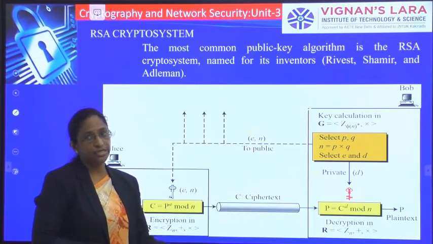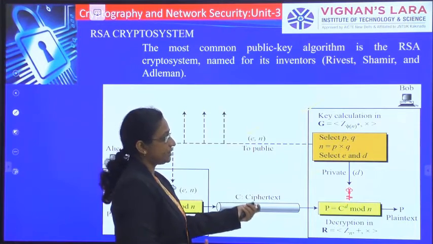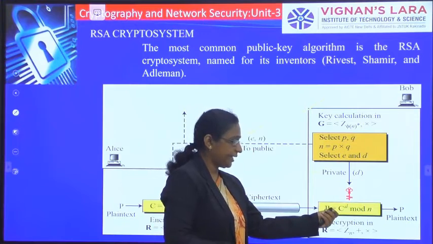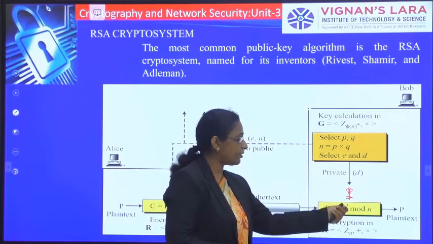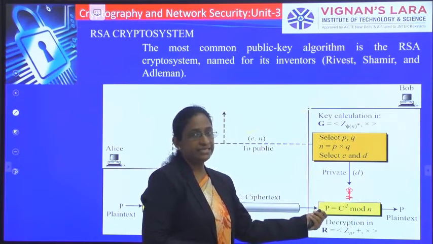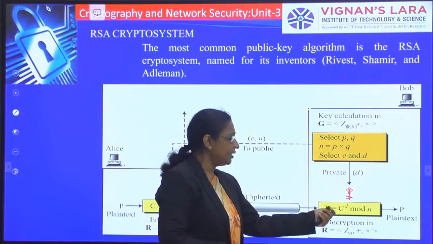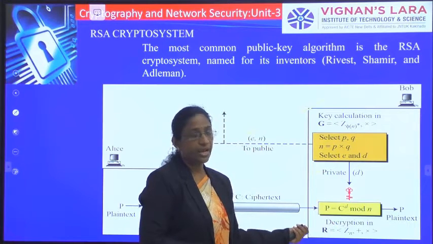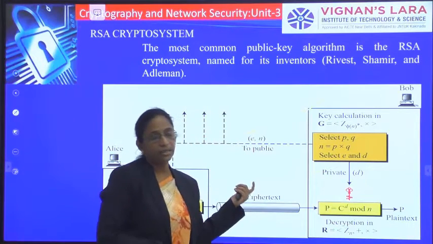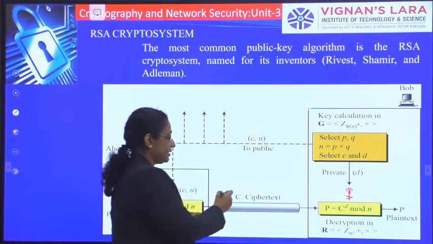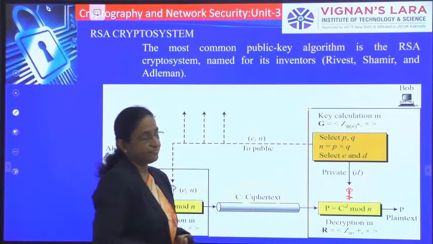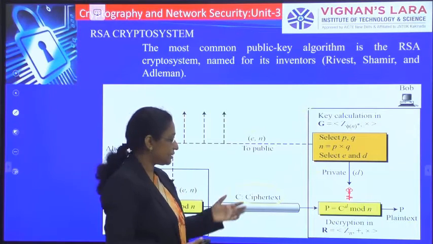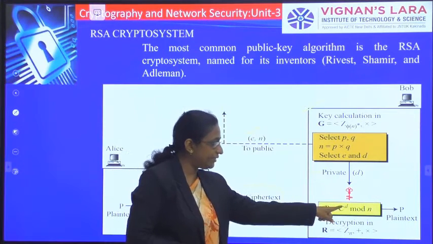The receiver has to decrypt it. Since he knows the private key, he takes the ciphertext and computes C to the power of D mod N, where D is his private key. By using the private key, the receiver retrieves the plain text. An unauthorized person having this ciphertext is not able to decrypt it, since the ciphertext can be decrypted only with the private key.